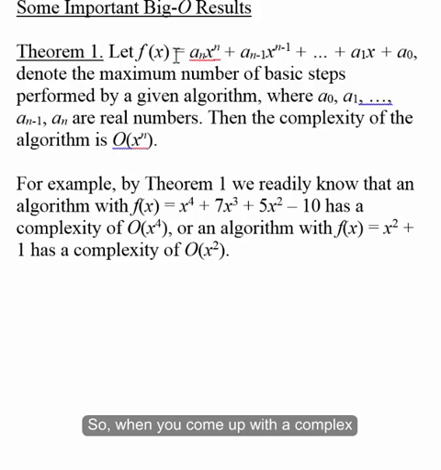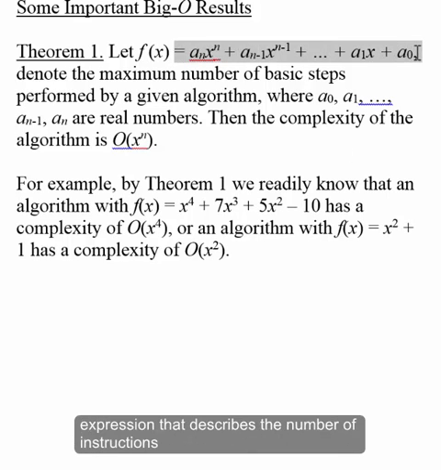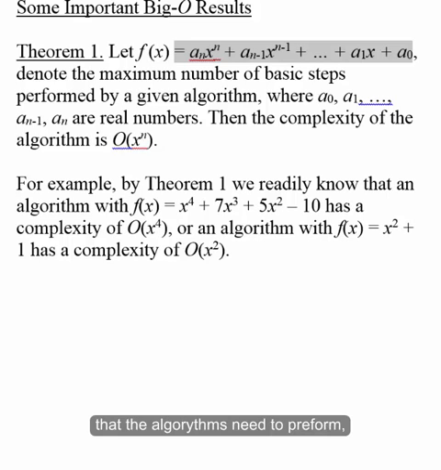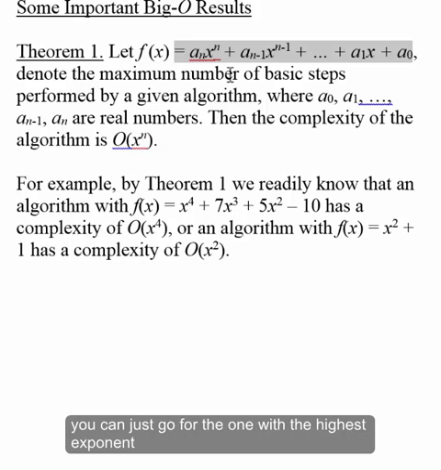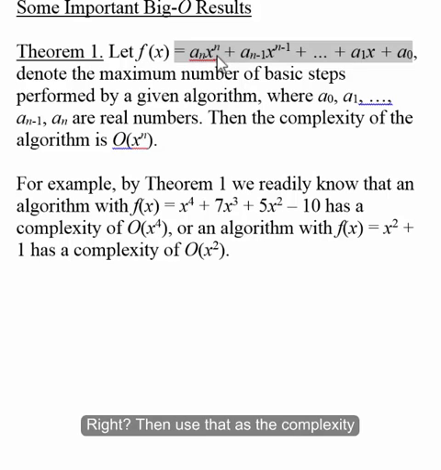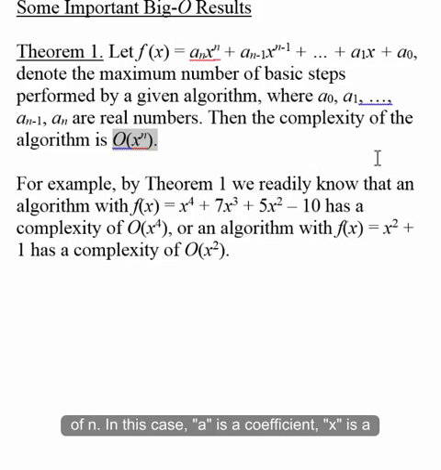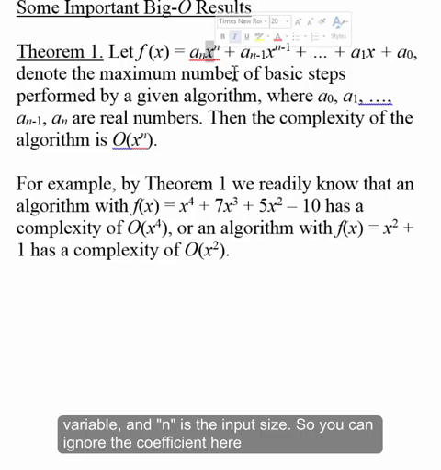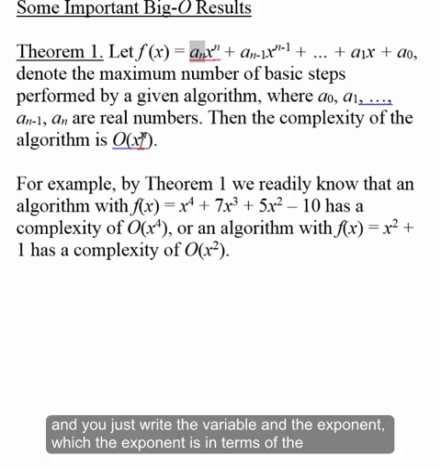So when you come up with a complex expression that describes the number of instructions that the algorithm needs to perform, you can just go at the one with the highest exponent, right? And then use that as the complexity in terms of n. In this case, a is a coefficient, x is a variable, n is the input size. So you can ignore the coefficient here. You just write the variable and the exponent, and the exponent is in terms of the input size.